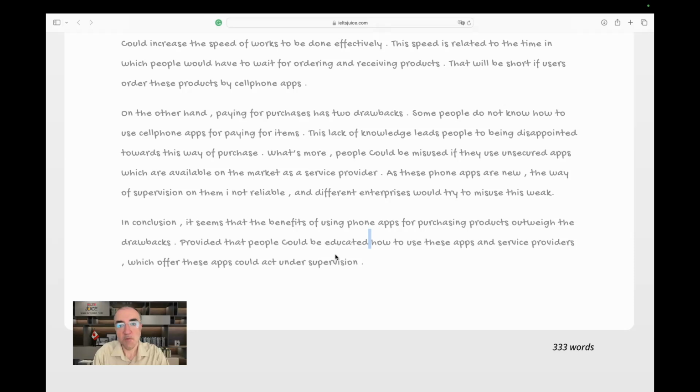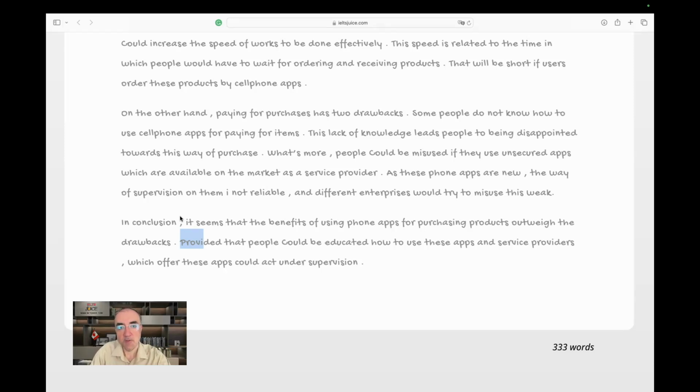Okay, provided that people could be educated on how to use these apps and service providers. But this shouldn't be a full stop here. I need a comma, because this is a part of the previous sentence, and there's a punctuation mistake.